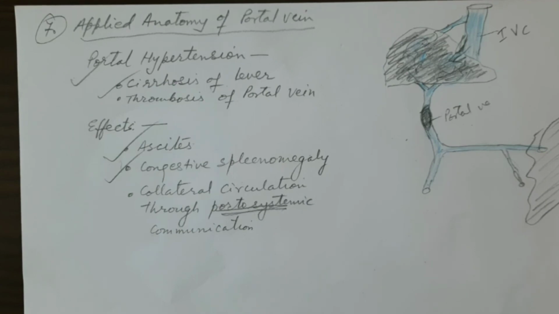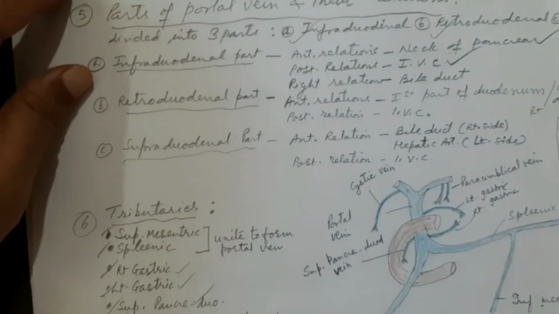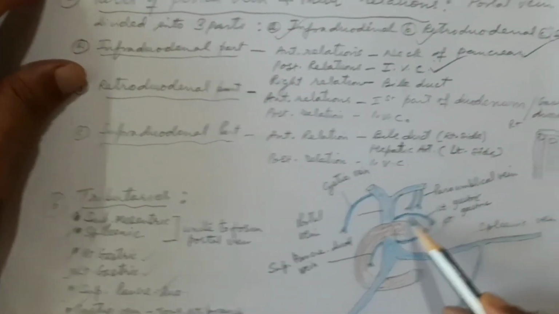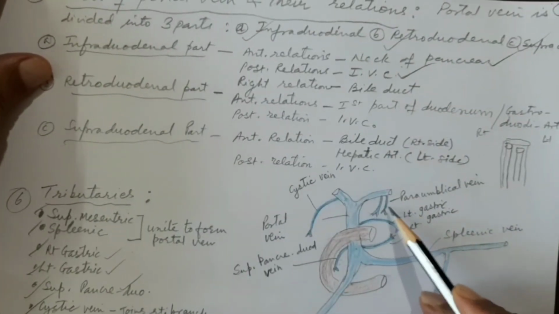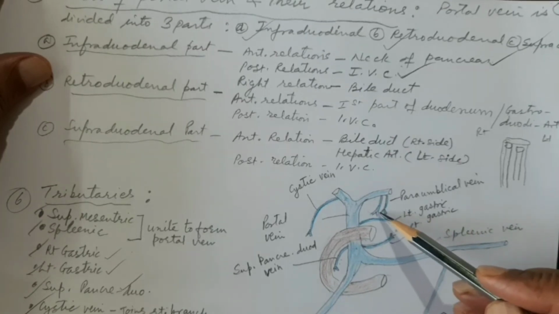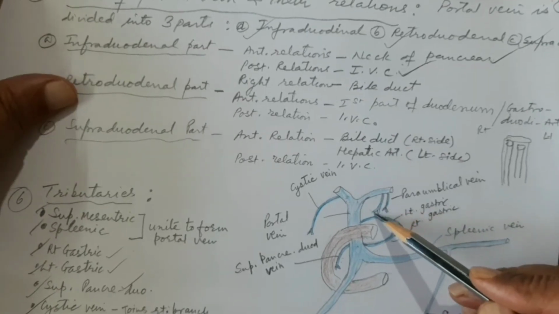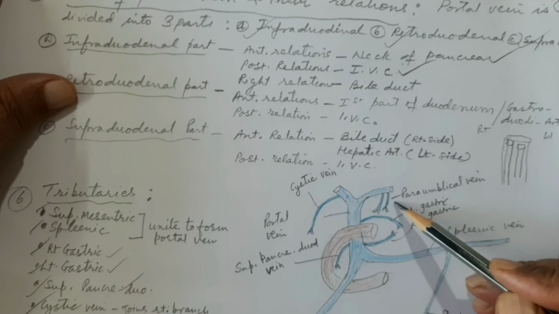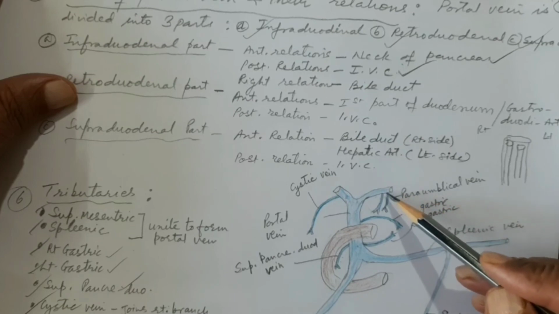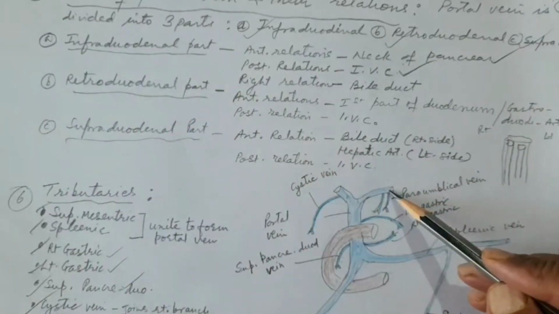And there are various sites where significant portosystemic communication can take place. For example, we have seen the para-umbilical veins, which come from the umbilicus and are tributaries of the portal vein.